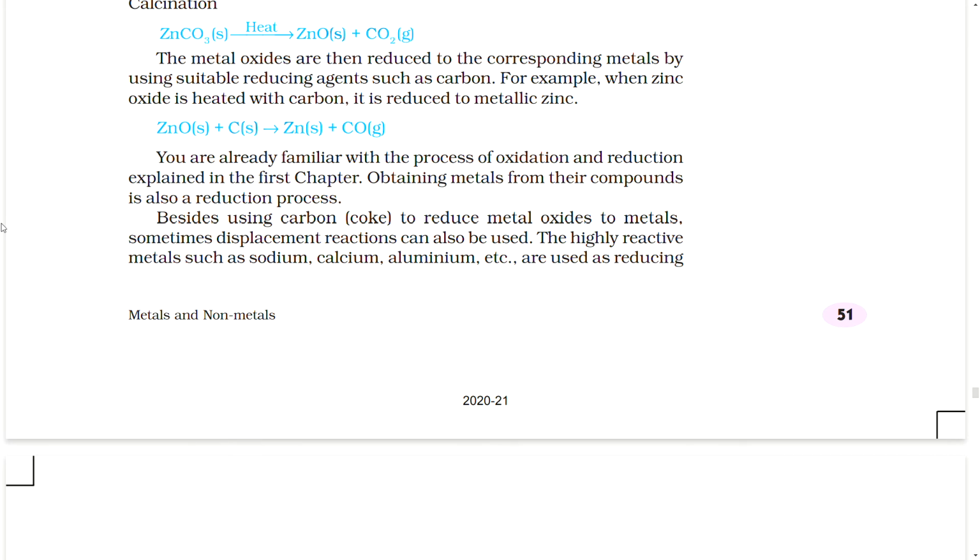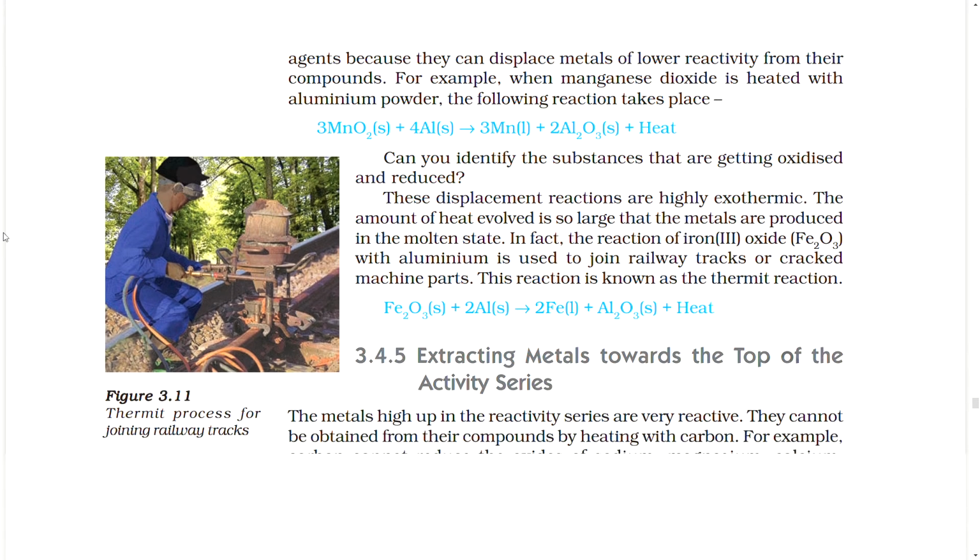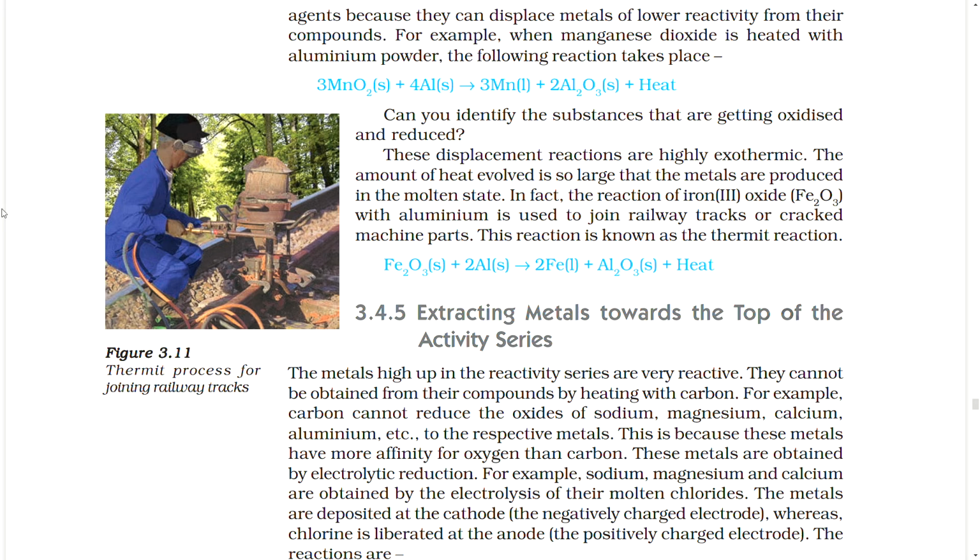The highly reactive metals such as sodium, calcium, aluminium, etc., are used as reducing agents because they displace metals of lower reactivity from their compounds. For example, when manganese dioxide is heated with aluminium powder, the following reaction takes place. 3MnO2(s) + 4Al(s) → 3Mn(l) + 2Al2O3(s) + heat.